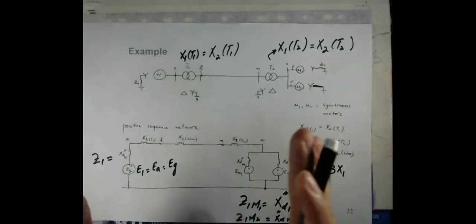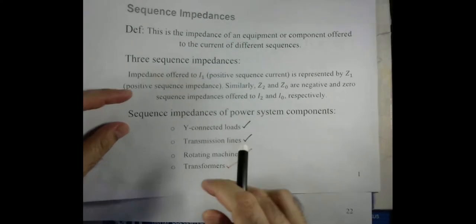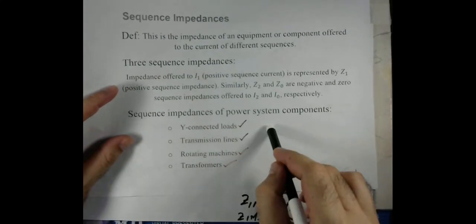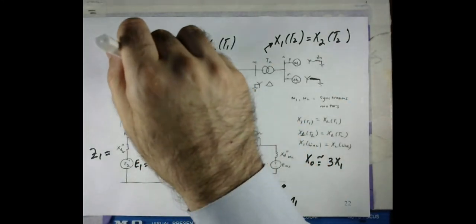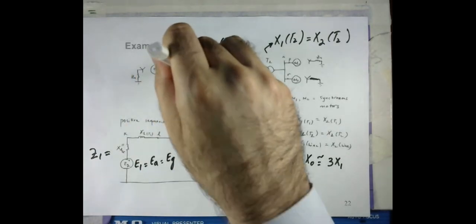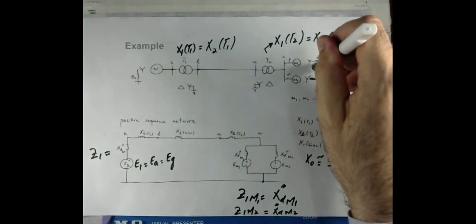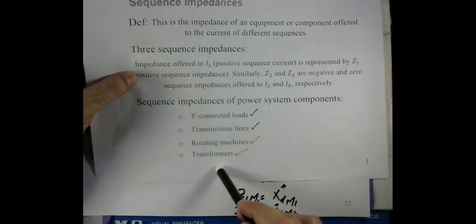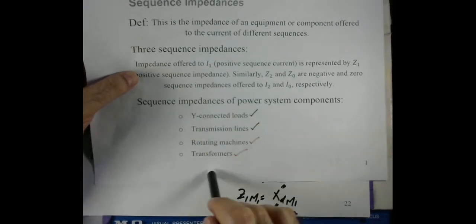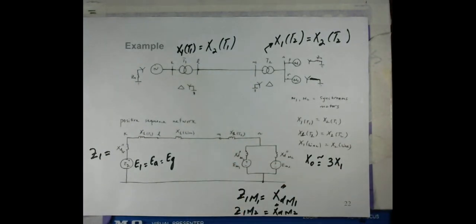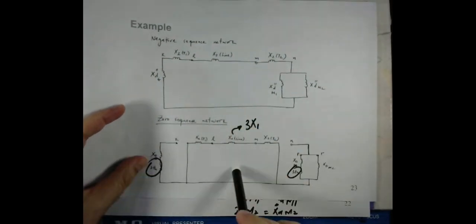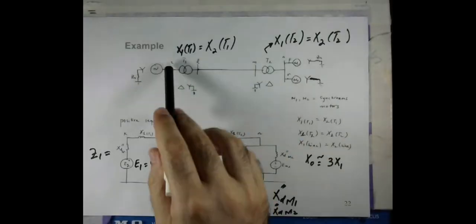Then we solved an example where we applied all that knowledge, with synchronous generators, transformers, transmission lines and Y connected loads, and we derived the positive, negative and zero sequence networks of the power system.